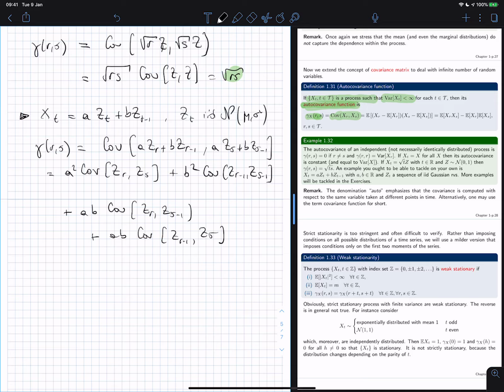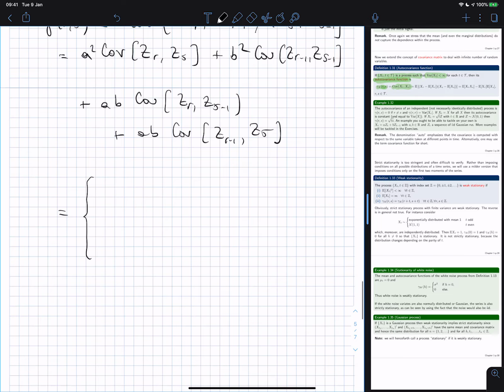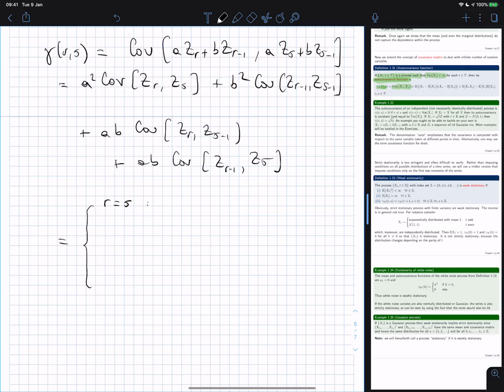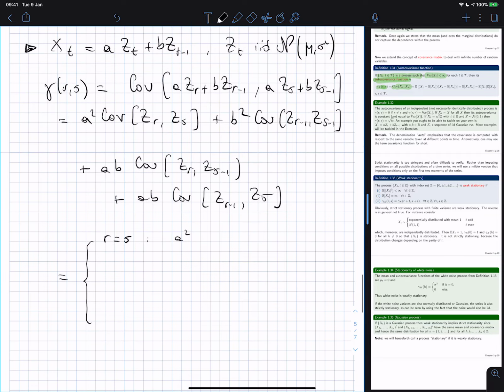And now we need to discuss. So what are the different possibilities? Maybe somebody wants to help me out. No, I think I can do that myself. So we could take r equal to s. If r is equal to s, then we have a squared plus b squared times sigma squared. Give me a shout if I'm wrong.